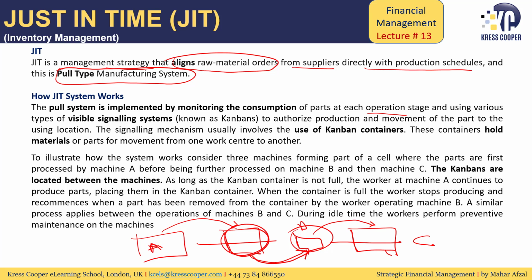During this idle time, the workers perform preventive maintenance on the machines. Once this container is filled, A will go under maintenance. In the same way, when this container is filled, B will go under maintenance. So this is how this model works.